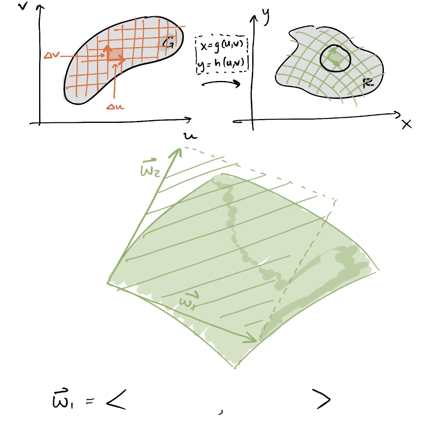What is W1? W1 is laying flat in the xy plane and is generated by a small change in u and no change in v.